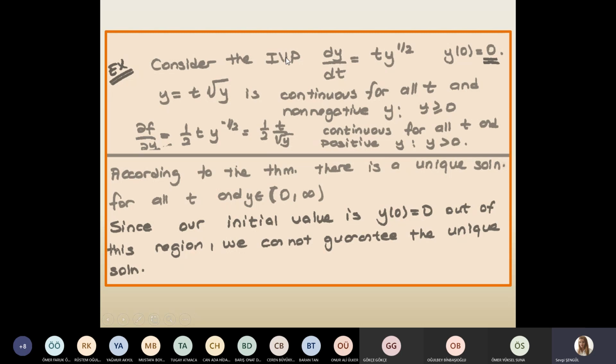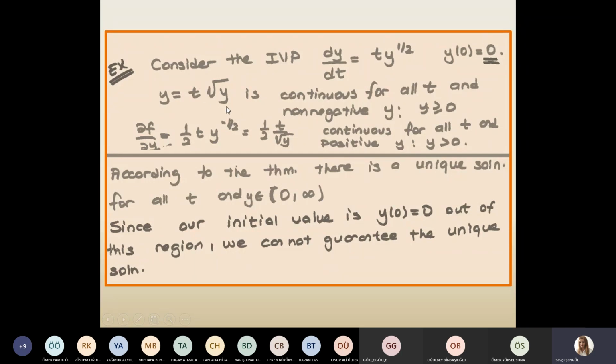Let's look at this one. dy/dt equals t y to the 1/2, and the initial value is given at 0. Since this is t y to the 1/2, I can write it as t square root of y. And what was the theorem saying? This f and the derivative of f with respect to y should be continuous.